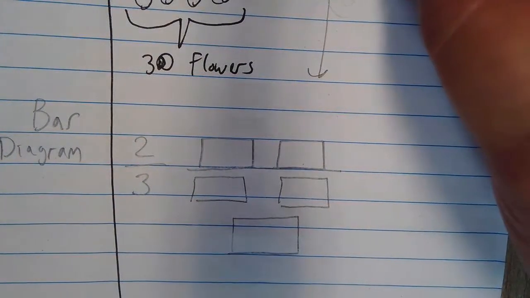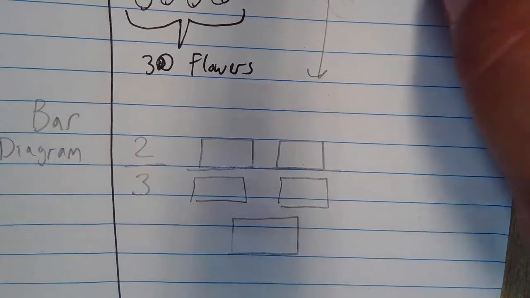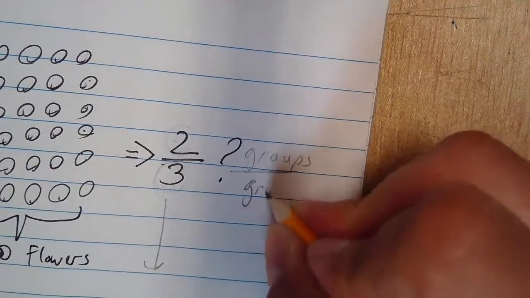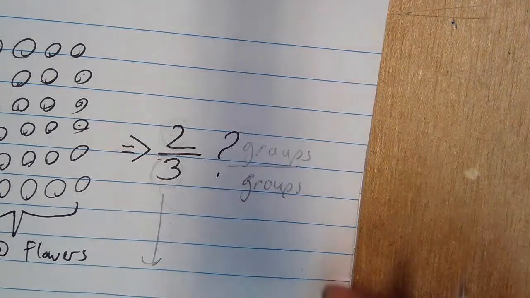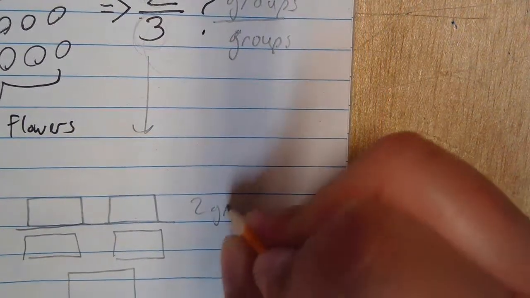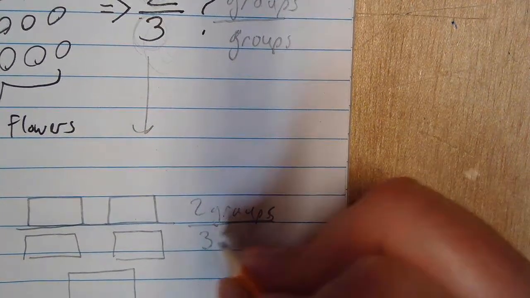It's basically saying, hey, I want 2 groups to 3 groups. You can't see what I'm doing. In my head, I'm thinking, okay, she wants 2 groups to 3 groups.